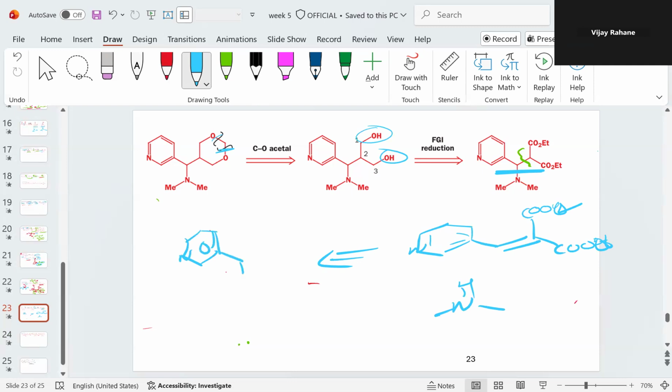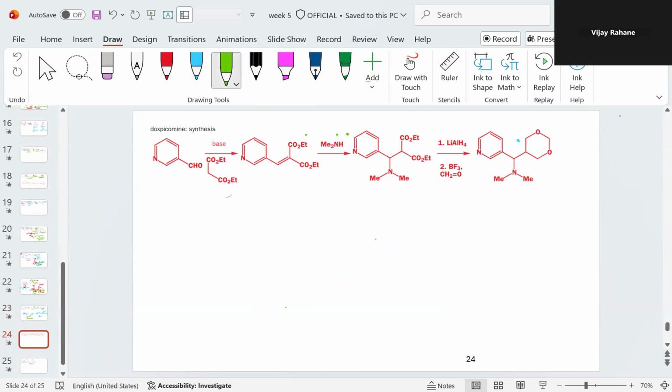So basically, this is the aldehyde part, and for the other part we can do the disconnection here, and the other part is diethyl malonate, like this. So these two starting materials we can get here.